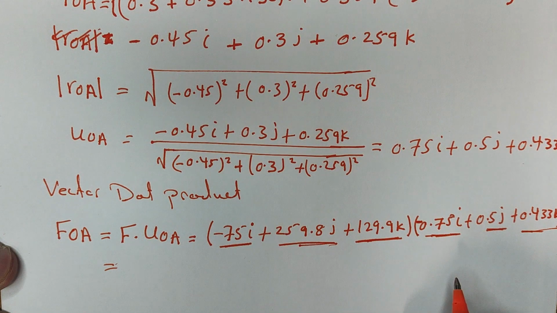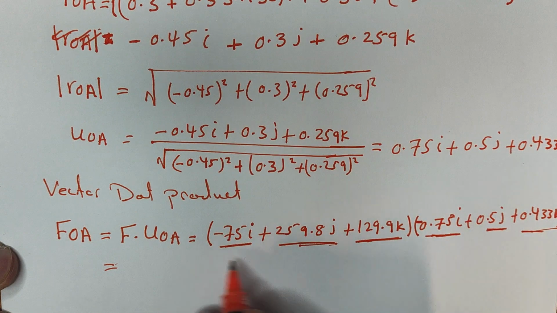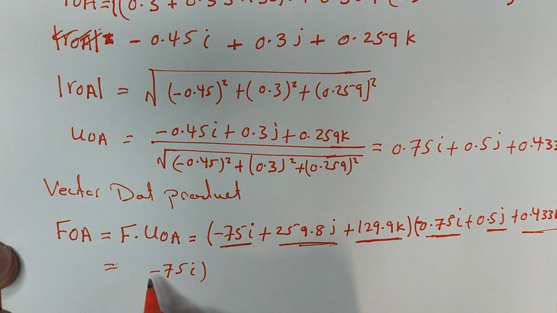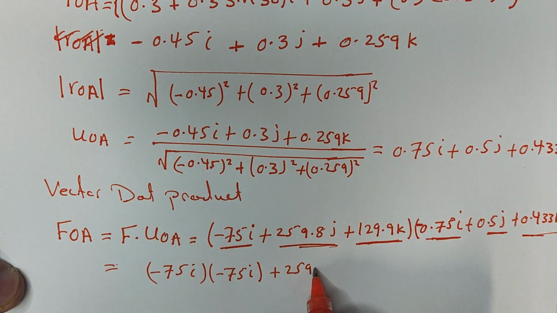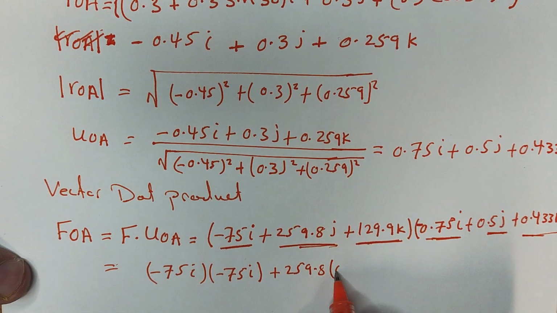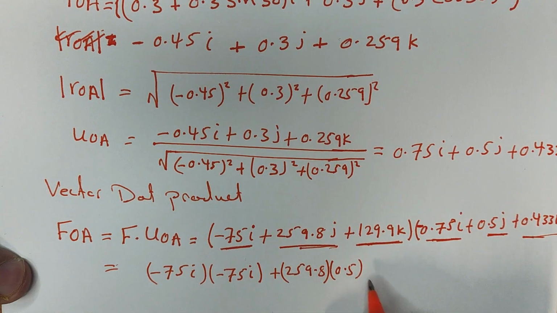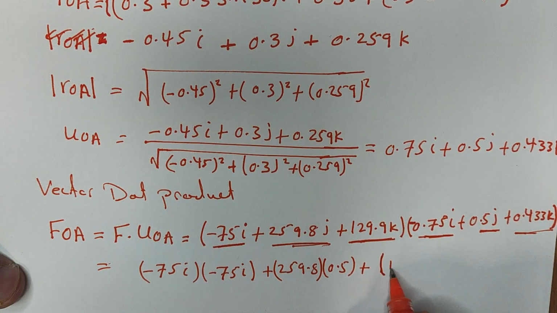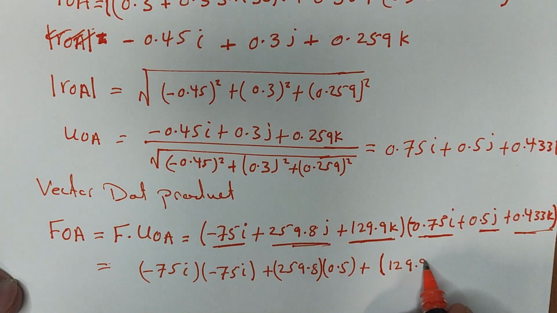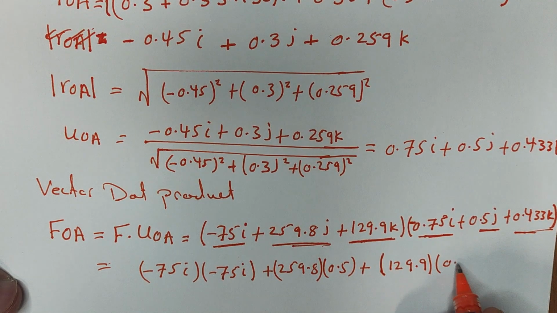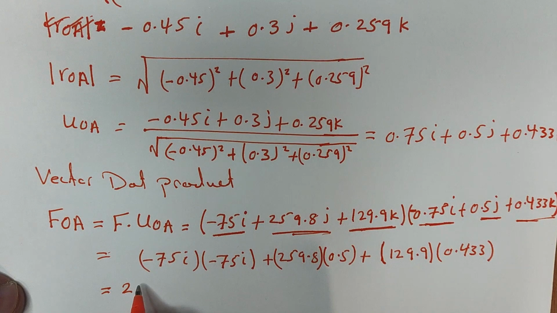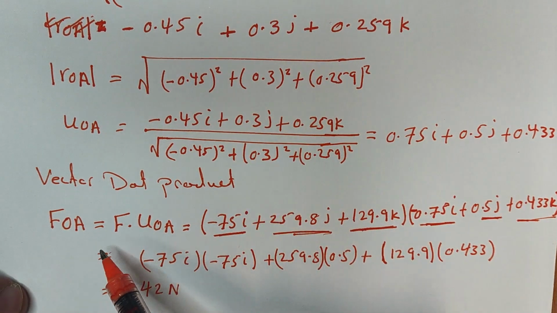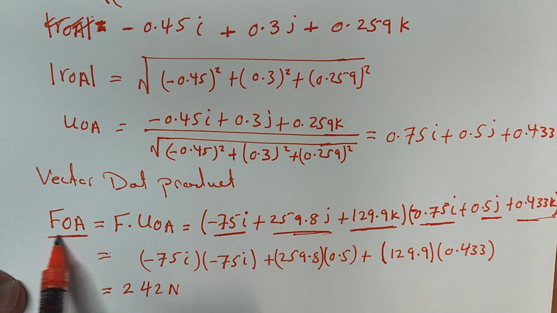That is negative 75 multiplied by negative 0.75, plus 259.8 multiplied by 0.5, plus 129.9 multiplied by 0.433. All of that will equal 242 Newton.